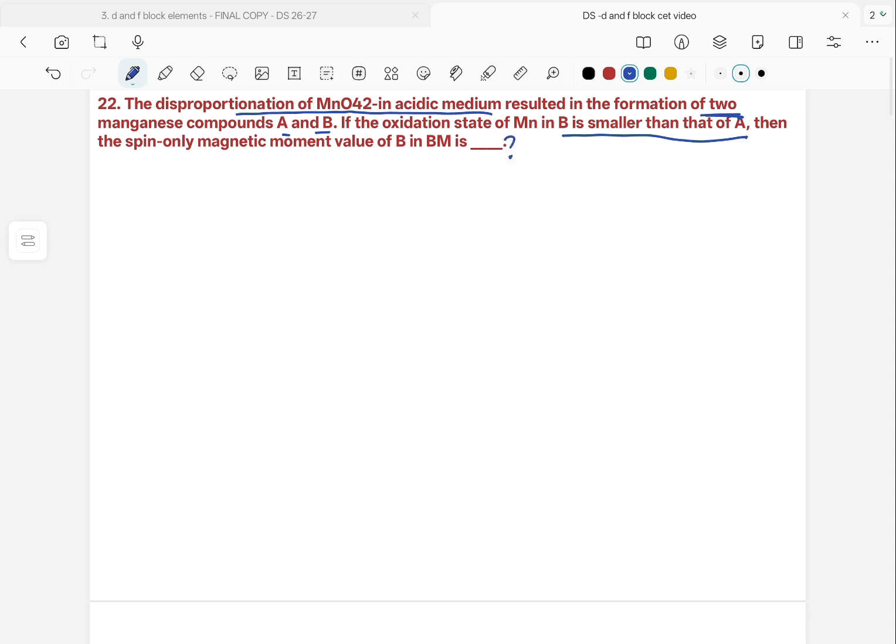Now what we have to do, we know that MnO4 2 minus, the manganate ion, in acidic medium will disproportionate into MnO4 minus, the permanganate ion, and MnO2, which are A and B respectively.